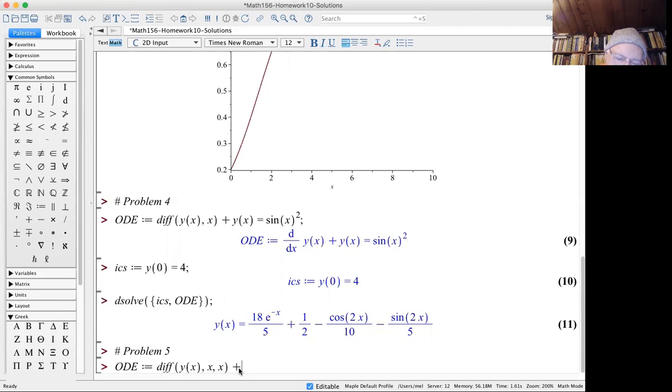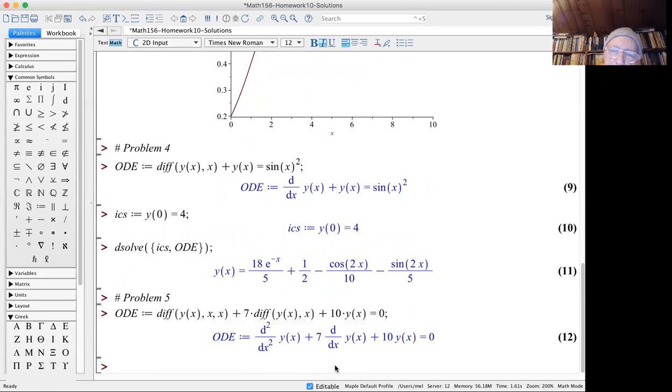Plus 7 times the first derivative plus 10 times y of x equals 0. That's my differential equation.